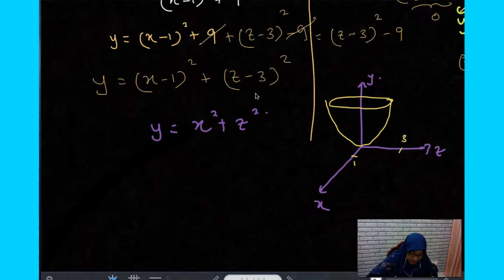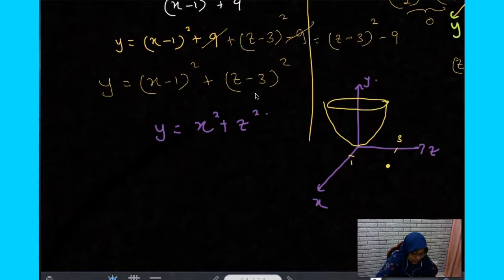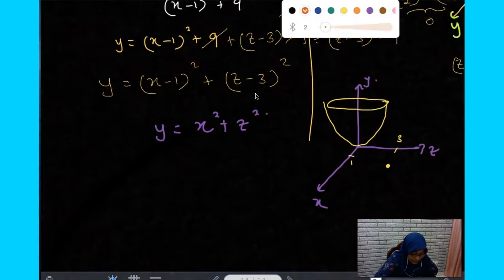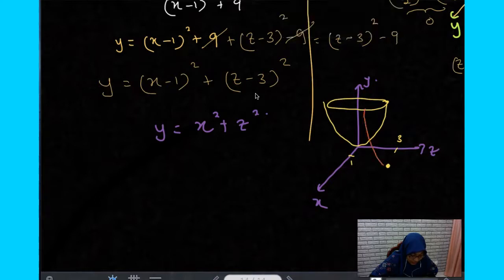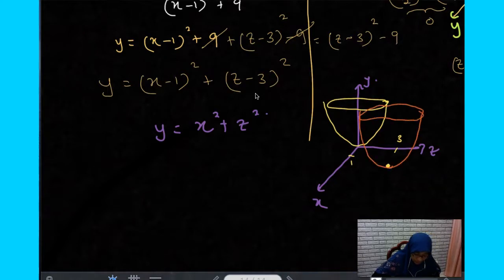So this is 1, this is 3, somewhere here. So your ball is moving somewhere here. So how can I draw the ball? So that is your new ball. You should have a similar size. Okay, so that is your ball now, at the minimum point at x equal to 1, z equal to 3.